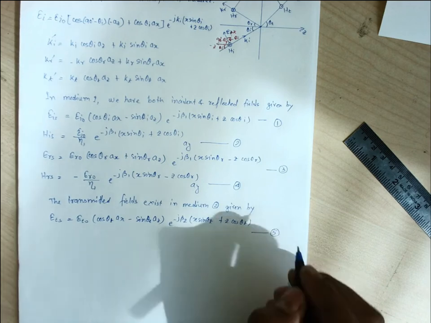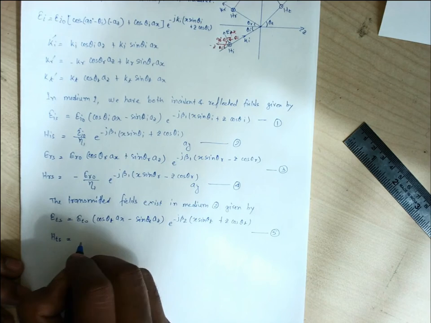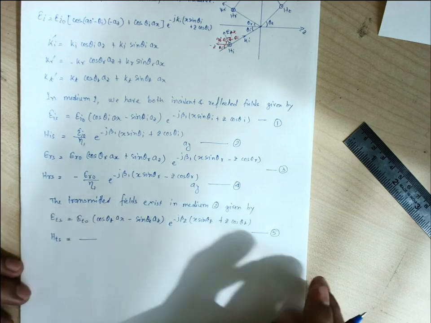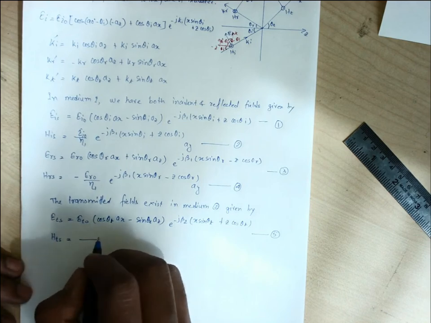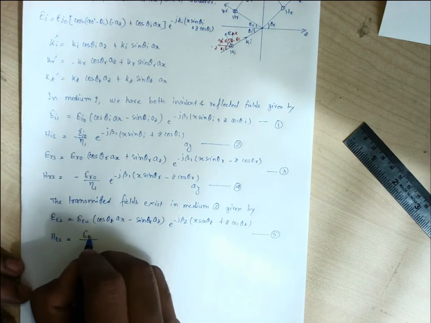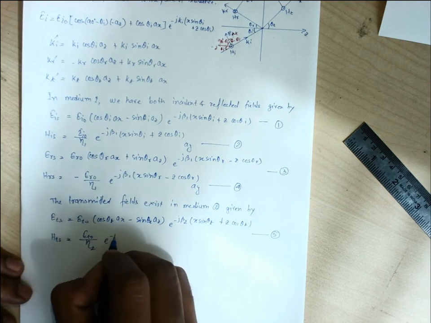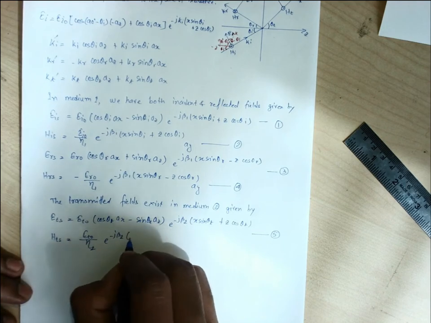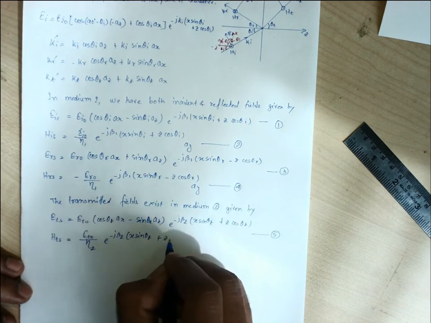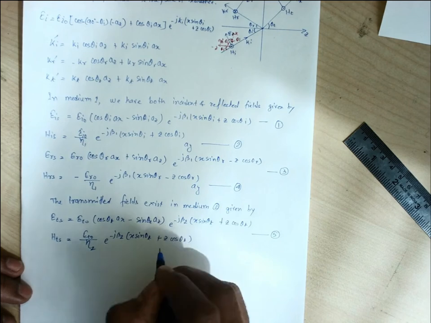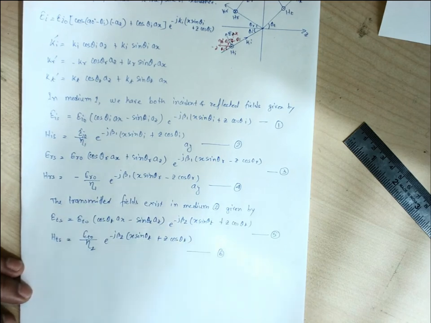Equation 5. Magnetic field: it is in the same direction as the incidence, so it is Et0 by eta 2, e to the power minus j beta 2 (x sin theta t plus z cos theta t). Equation number 6.